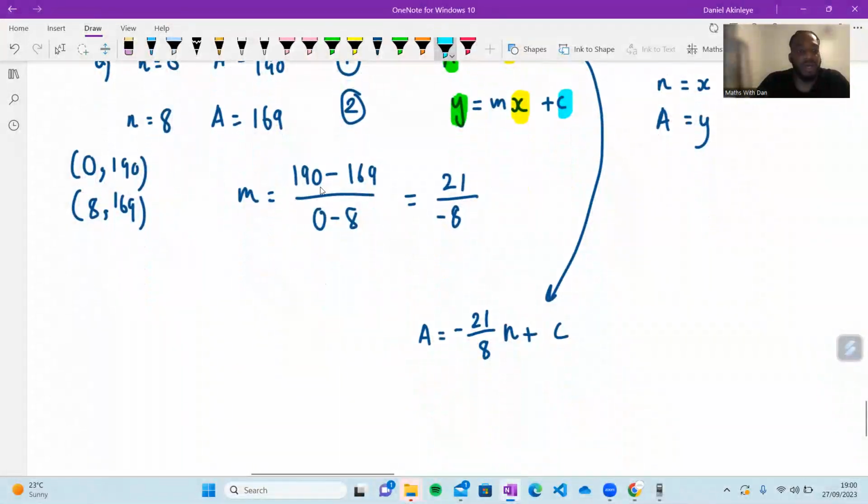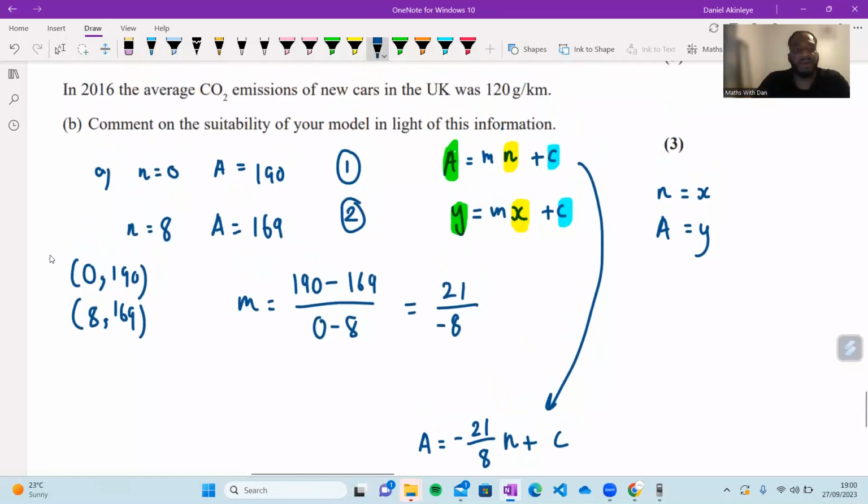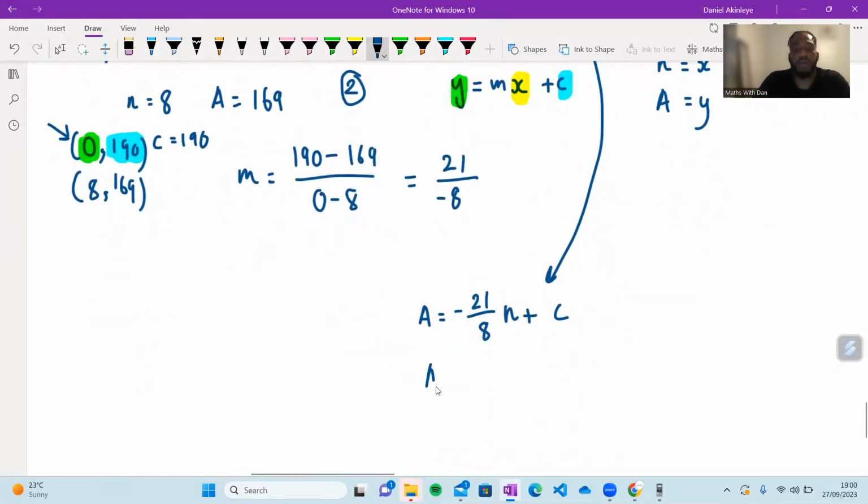Actually, to be fair, we can see from the question that the y-intercept is just clearly 190, isn't it? Because the x coordinate here is 0. So C equals 190 from here. Therefore, our complete model is A equals minus 21 over 8n plus 190.